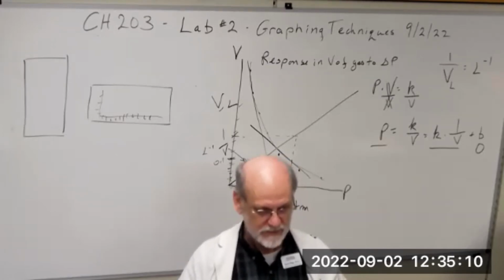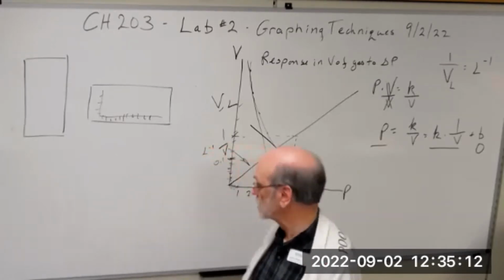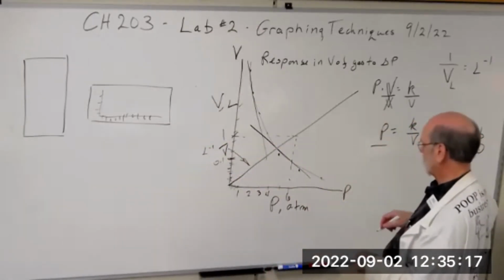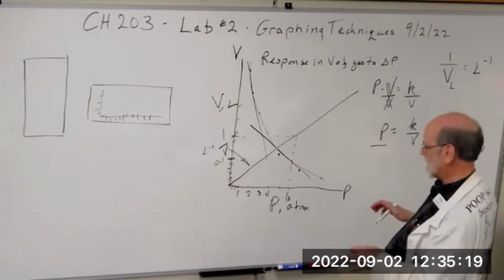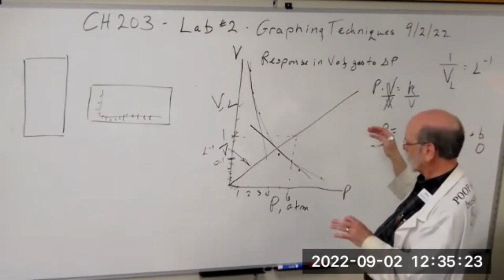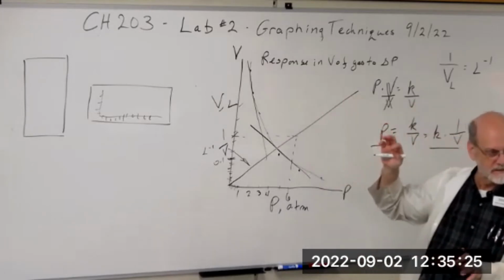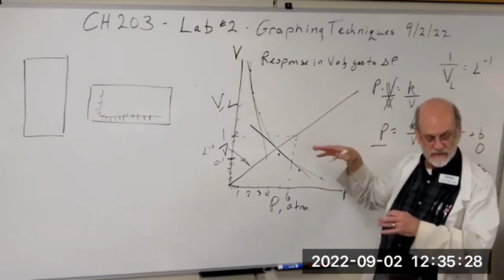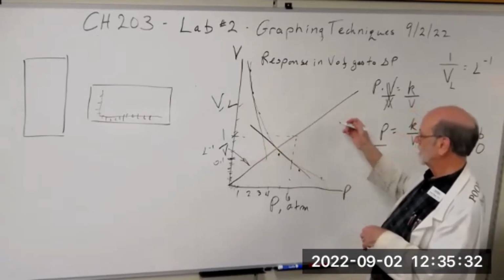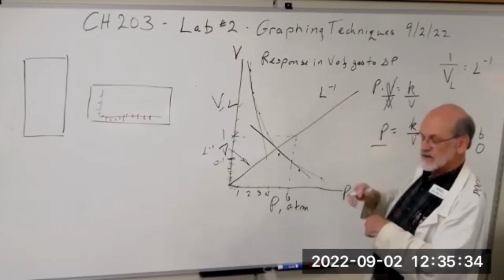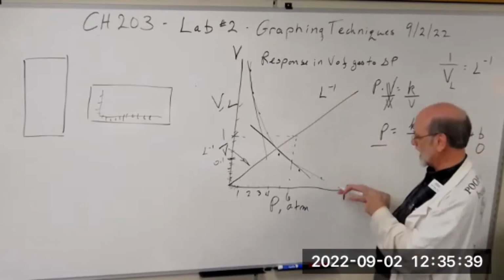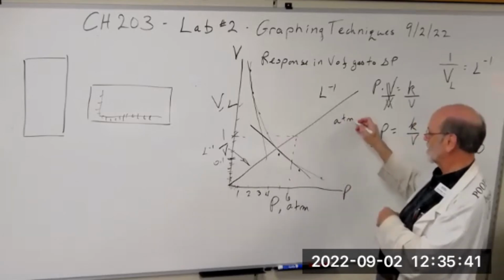Okay? How about the slope? Let's say the slope of this line is going to be rise over run, right? Change in y over change in x. So change in y would be what? It's a change in reciprocal liters. So what's the change in x? Well, it's atmospheres.